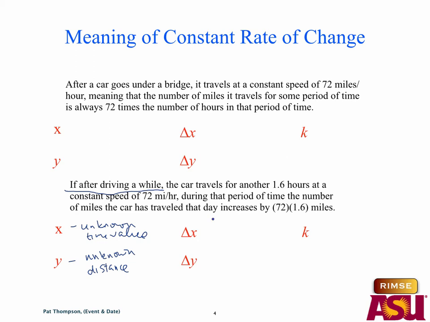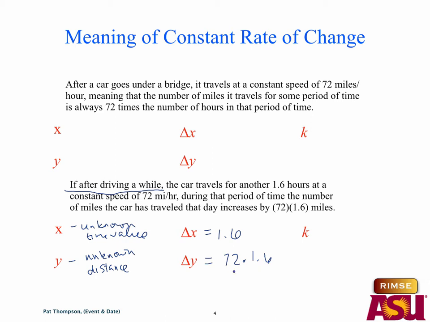But I do know in this scenario, what is delta X? 1.6. That's the amount of time that I'm focusing on, driving for a 1.6 hour time period, okay? What's delta Y? This is the distance traveled during that time period, which is 72 times 1.6.